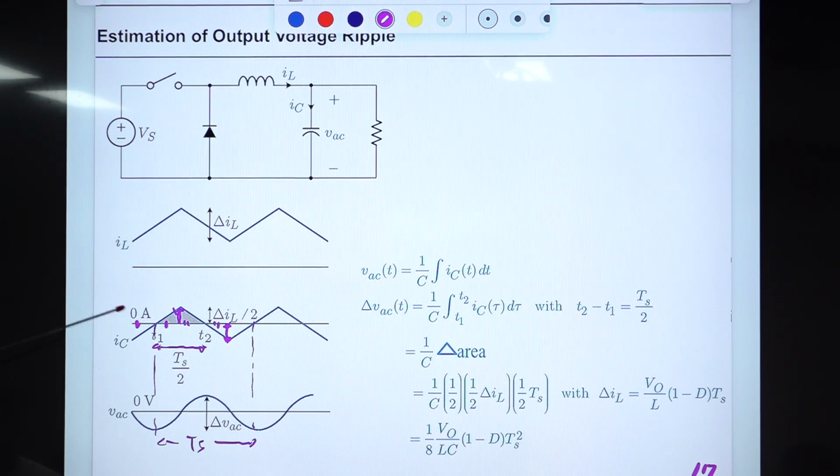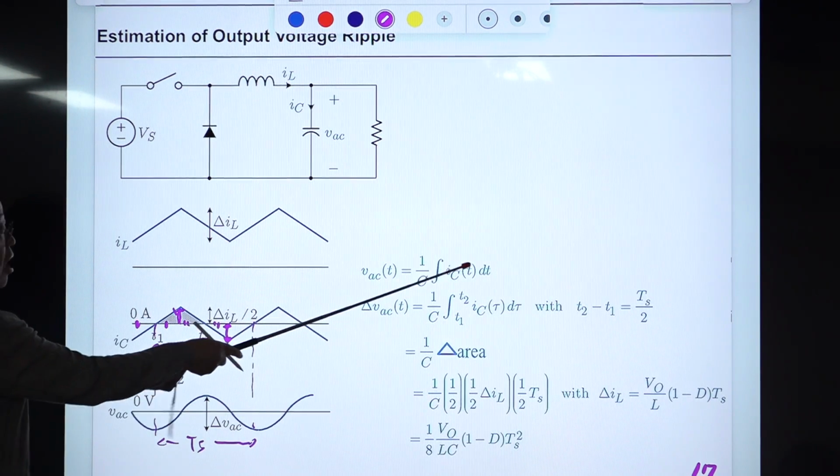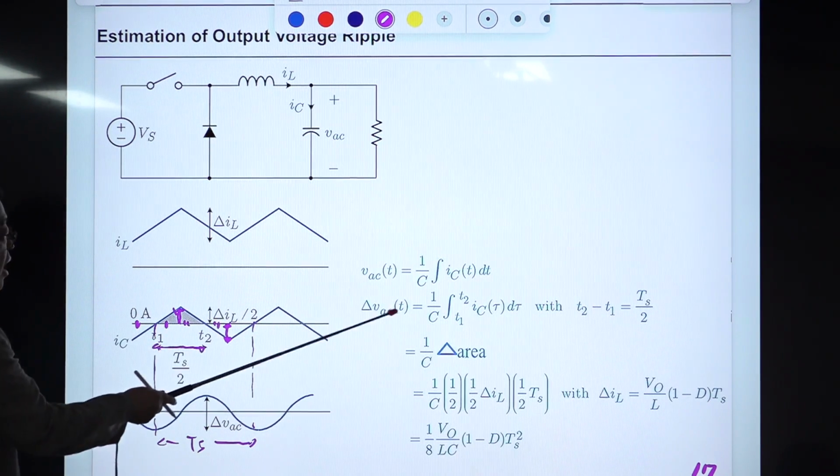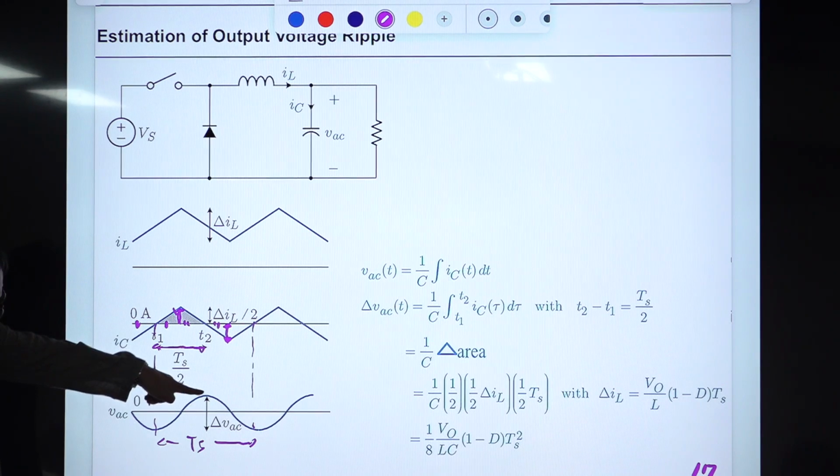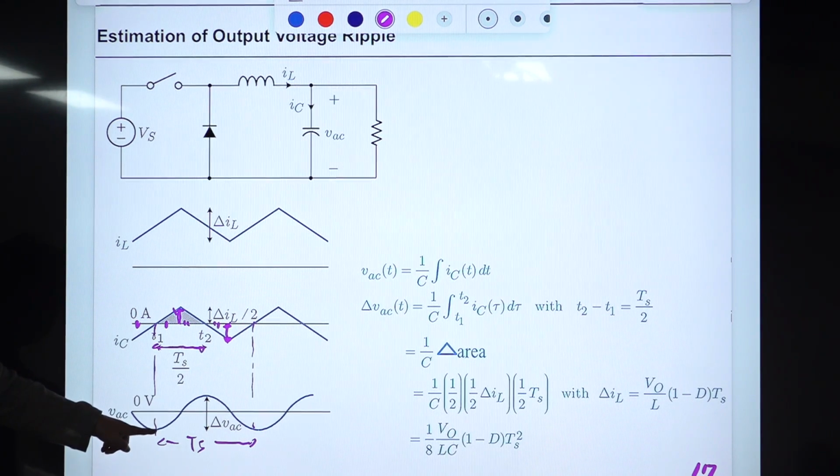When this current is positive, this voltage is increasing, and when this current is negative, it decreases. Okay, so we use this equation because this is time varying. Okay, and what you want to know is this one, the magnitude of this peak value and this bottom value.